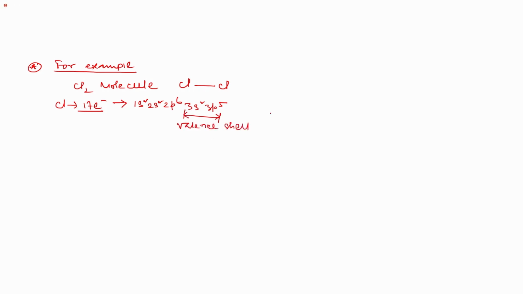If you see the valence shell, it is 3s and 3p. So 3s2 and 3p5, total valence shell electrons 7. You can see that in this valence shell one unpaired electron is present.